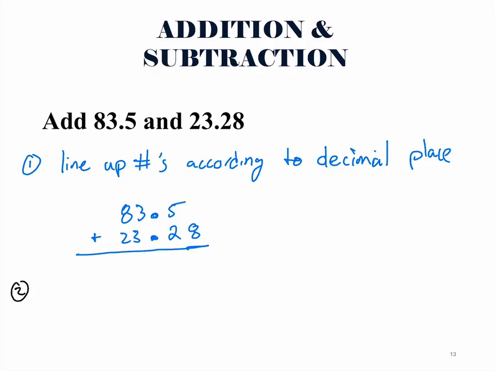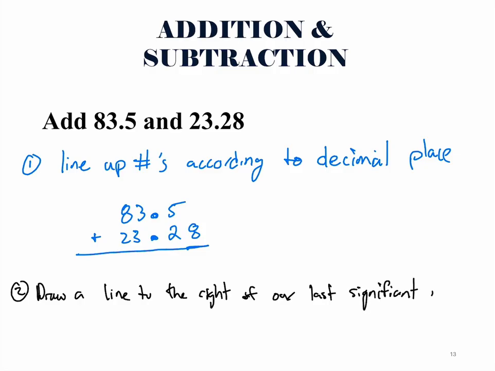And what we can do is draw a line to the right of our last significant digit in our least precise number.